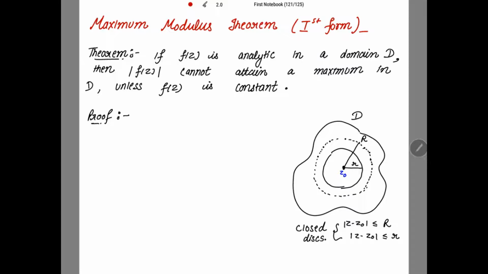So let's start with the proof. Suppose first that mod of f(z) attains a maximum at a point z0 in D. Then I choose a disk.